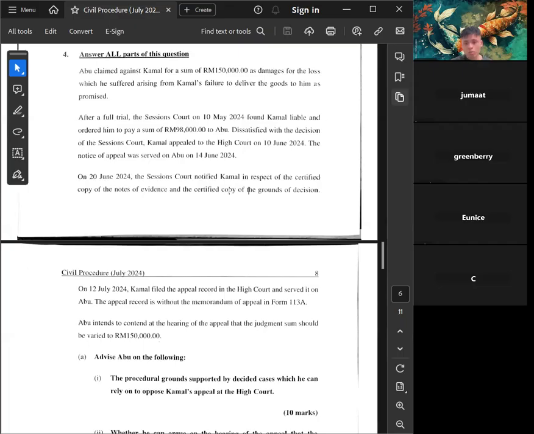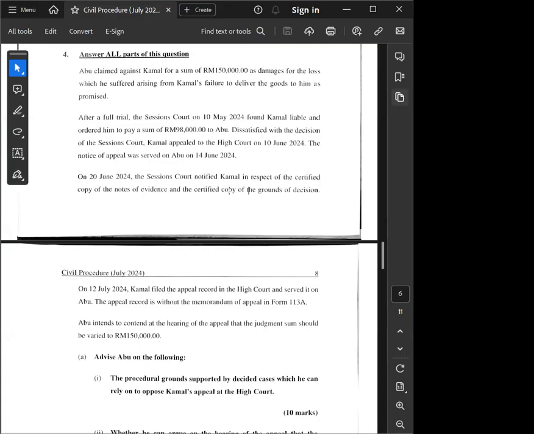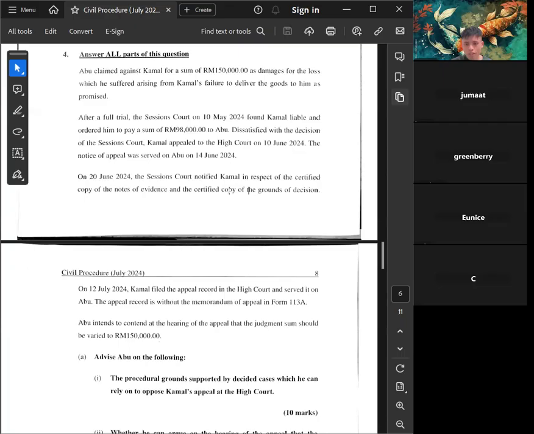Now, the second objection is on the timeline to file the notice of appeal. As we can see from Order 55, Rule 2, there is also another wording: shall be brought by giving notice of appeal within 14 days from the date of decision. Based on the fact that Kamal has failed to comply with these two rules under Order 55, these are the objections that Abu can rely on to oppose the appeal filed by Kamal.